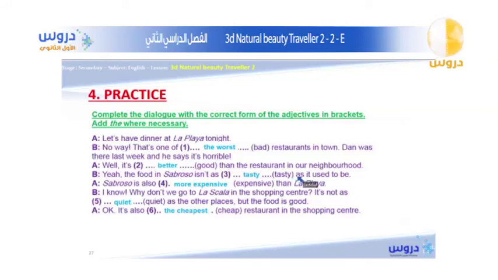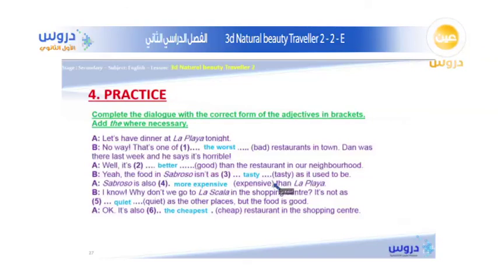Here we have as and as. You have to write the same adjective without any change. Okay, tasty. Yes, wonderful: as tasty as it used to be. Okay, is it clear? Yeah, very nice.